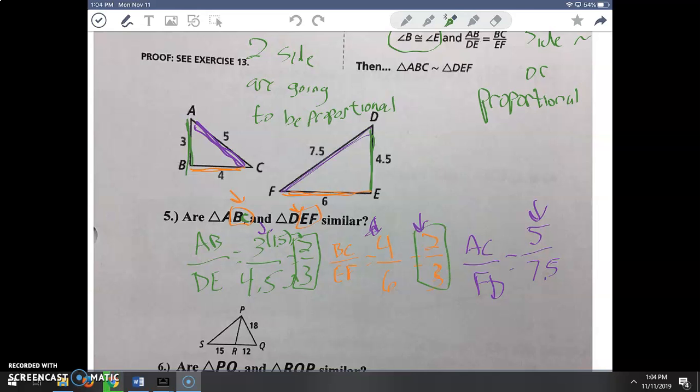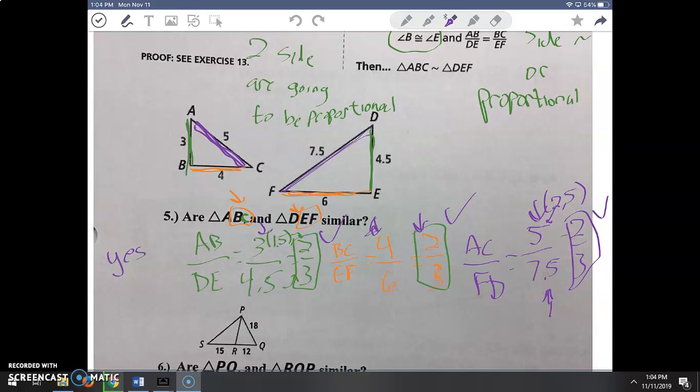Now the next one, this 5 over 7.5, it too is also going to be 2/3. 2.5 goes into 5 2 times, and into 7.5 3 times, so 2/3. So all three of these are the same. So since all three of these are the same, then yes, these two are going to be similar.